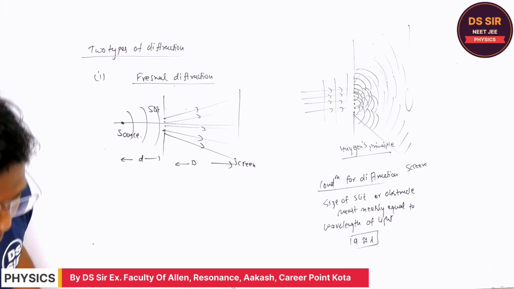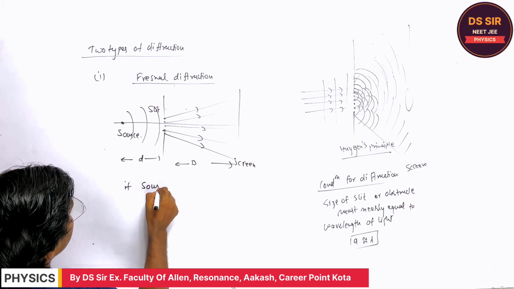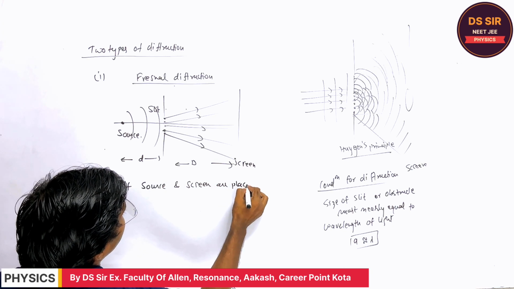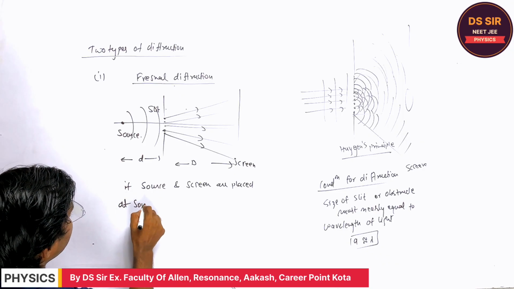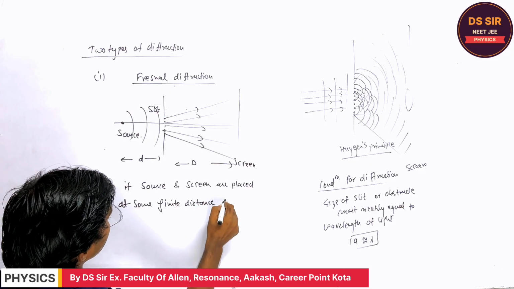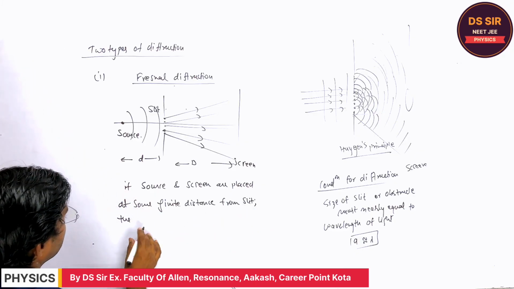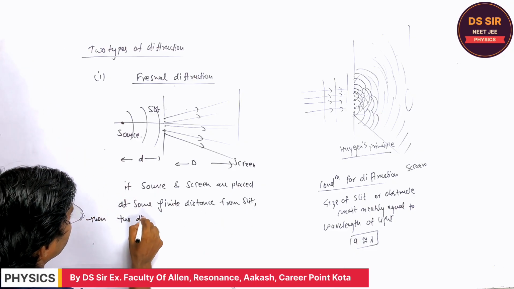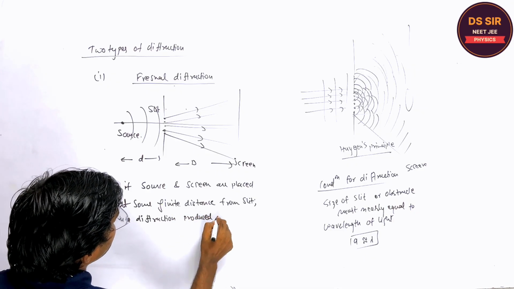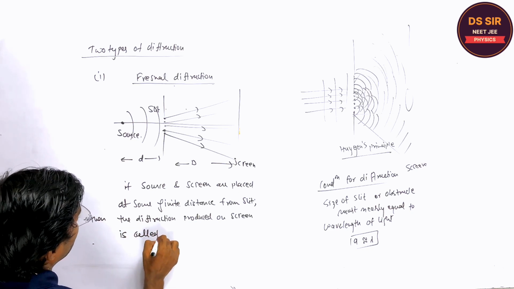I am writing the definition. It is very important. Sometimes it is asked: if source and screen are placed at some finite distance from the slit, then the diffraction pattern produced on screen is called, what is it called?